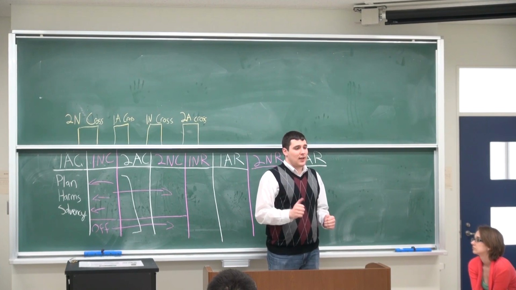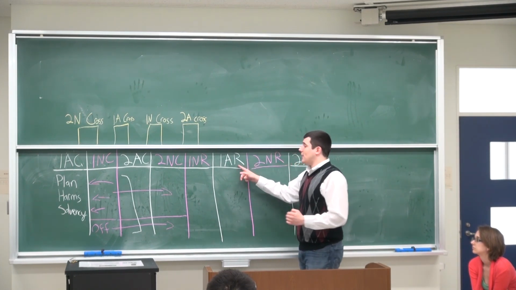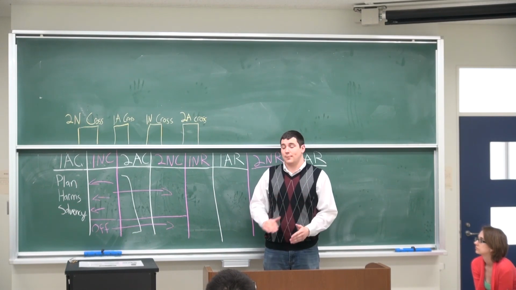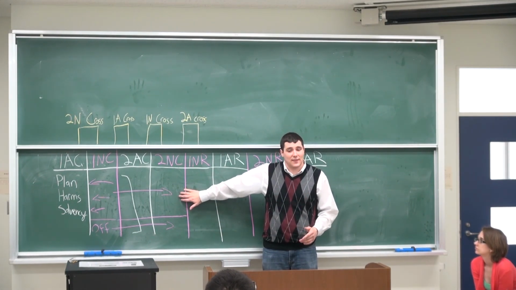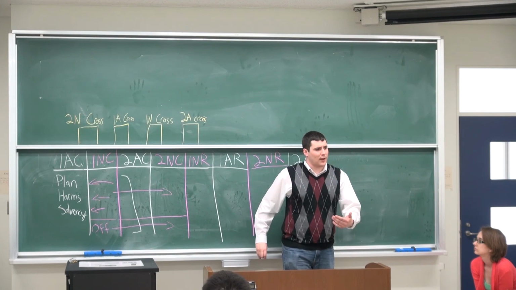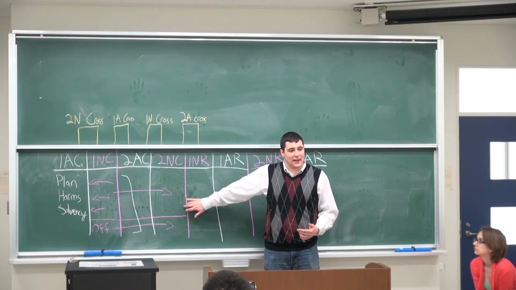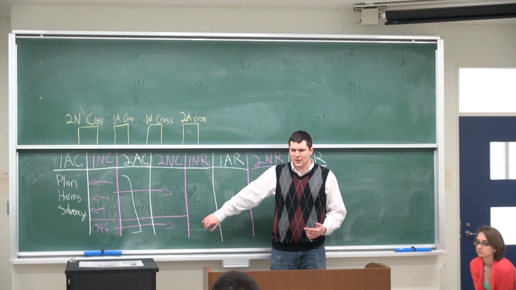Use that 3 minutes. And your goal, if you are this speaker, is to try and have responses prepared for this speech in that time. Use that 3 minutes of cross-examination to prepare yourself for the second negative constructive. Does that make sense?